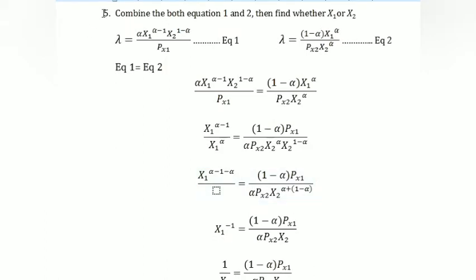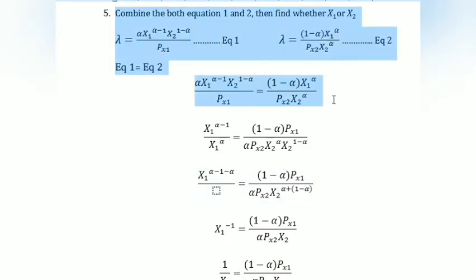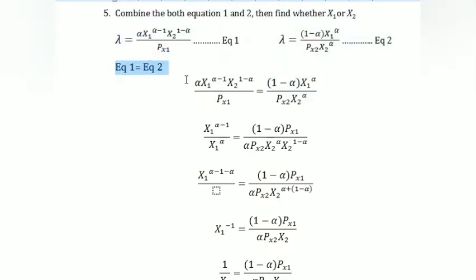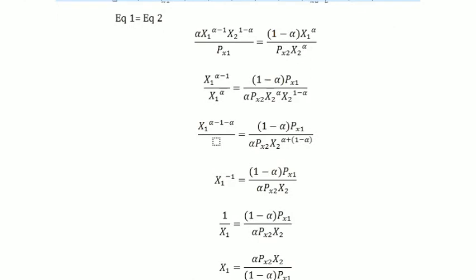And then we need to combine both equation 1 and 2, and then we can find either x1 or x2. In this step, I set equation 1 equal to equation 2. I make x1 the subject, so I bring x to the left. The denominator is x1 to the alpha, divided means minus, so we bring the denominator up.